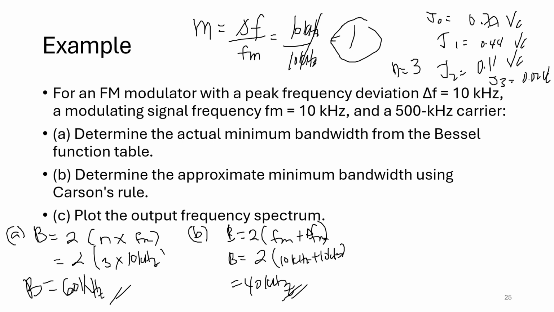Actually, we can plot the spectrum. So how can we plot the spectrum? Just like what we did earlier, the peak values are not given, so let us just say 0.77 of VC, and then we have here 0.44 of VC.